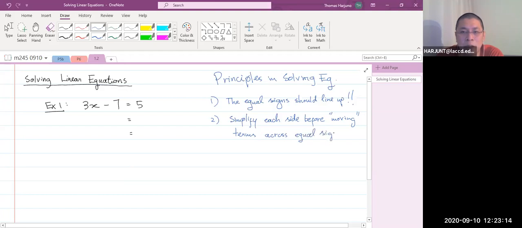We'll see that in the second example. The third one is we undo the operations, not changing the sign.